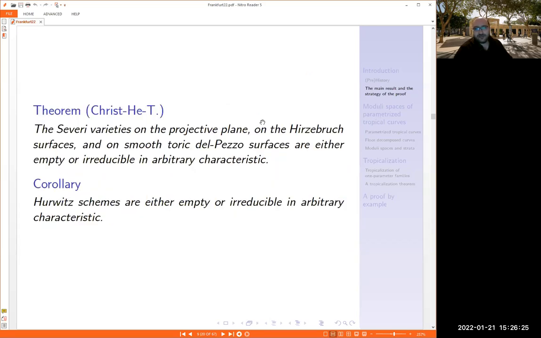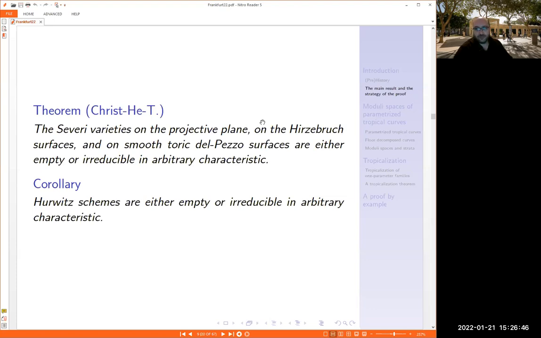Okay, so here is the main result that we'll discuss. The Severi varieties on the projective plane, on the Hirzebruch surfaces and on smooth toric Del Pezzo surfaces are always either empty or irreducible, and this is independent of the characteristic.